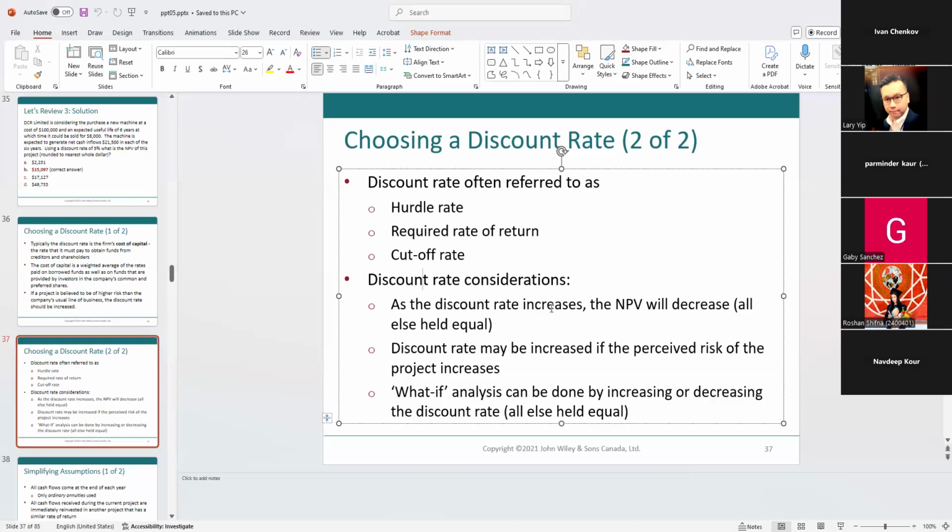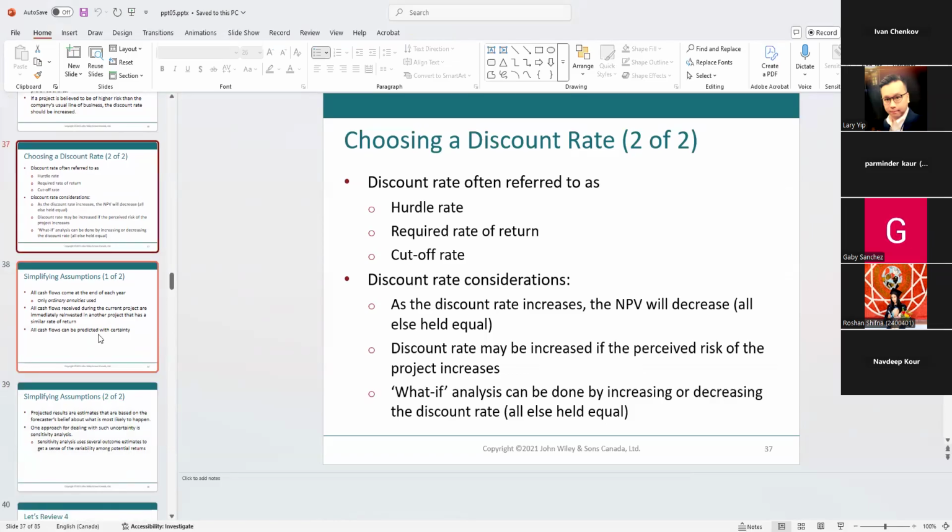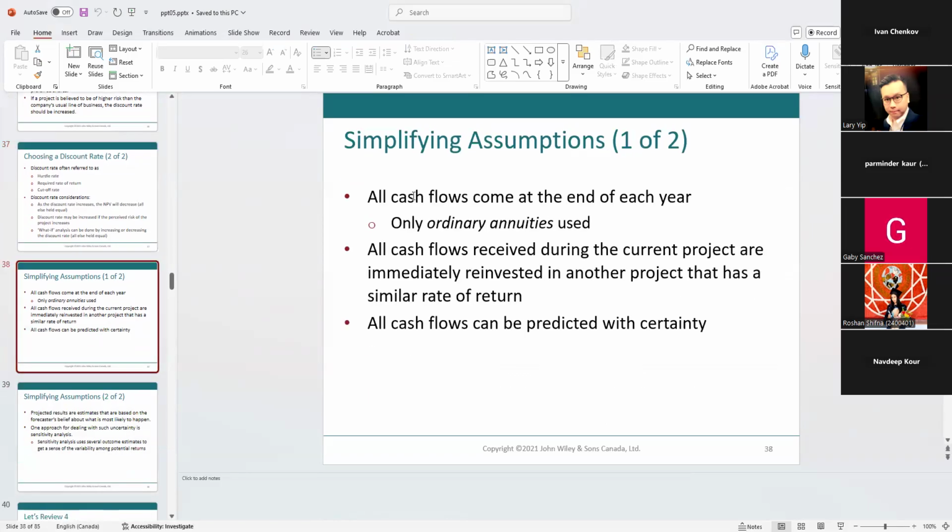When the discount rate increases, we saw that net present value decreases. If the discount rate increases, the perceived risk of the project increases. Obviously if we're increasing the rate, now we have more risk, and we also have to consider what if something happens, what we're going to do. So to make it simple, we also always consider all cash flows come at the end of the year.